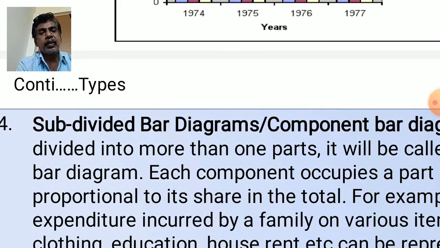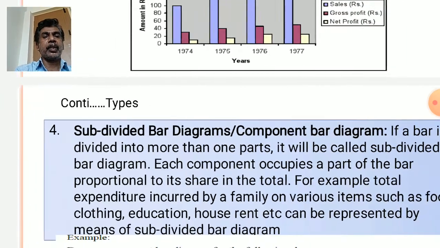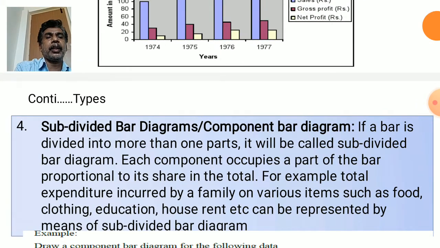Now subdivided bar diagram or component bar diagram. Subdivided bar diagram or component bar diagram is another type of one dimensional bar diagram. If a bar is divided into more than one part, it will be called a subdivided bar diagram.